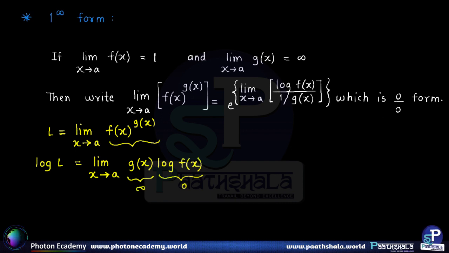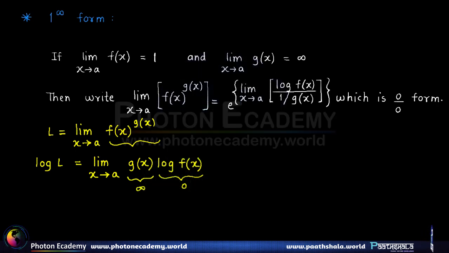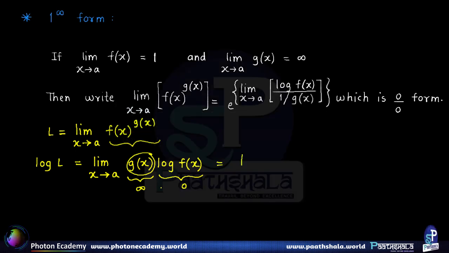So basically here we have to evaluate the indeterminate form of 0 into infinity, and we know how to evaluate that. We have to take the g(x) to the denominator of the denominator. So here we write this limit as the limit of log of f(x), which tends to 0, therefore we keep it in the numerator.